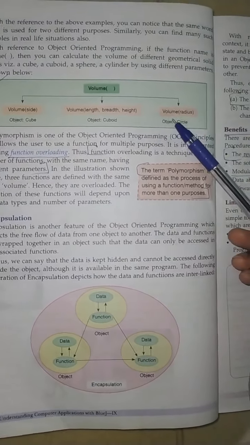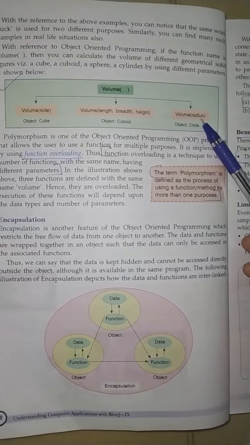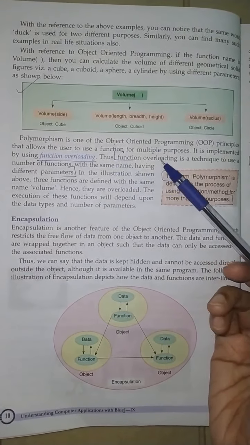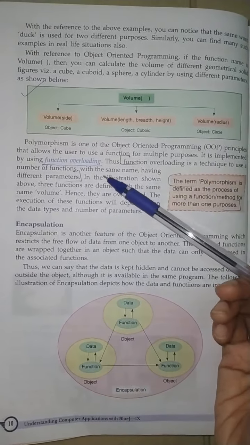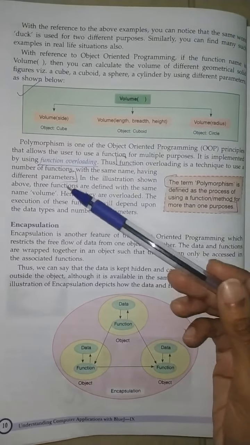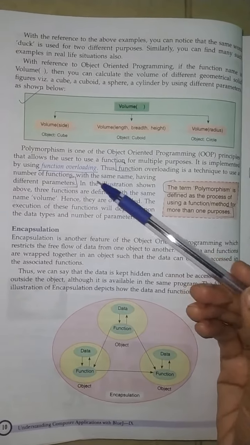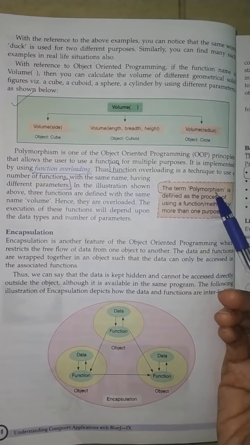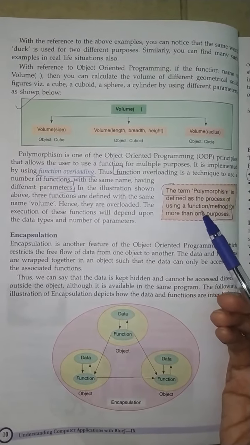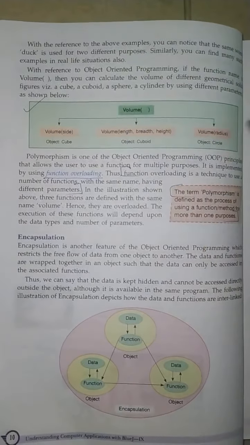And if you want to find the volume of a circle, you need the parameter radius. This is called function overloading. Function overloading is a technique to use a number of functions with the same name having different parameters. This function overloading we can achieve through polymorphism. So polymorphism is defined as the process of using a function or method for more than one purpose.